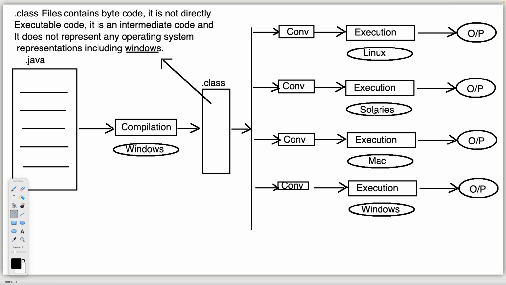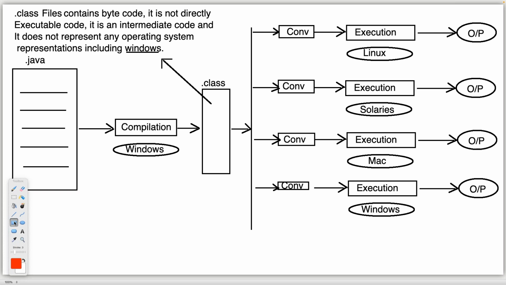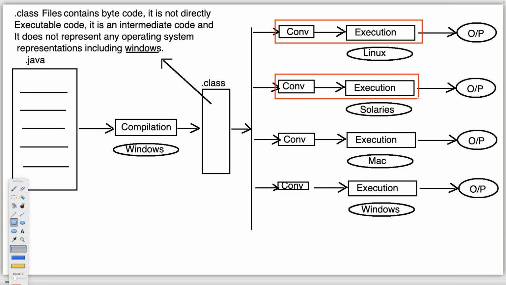Everybody understand my point here now? All right, sir. Now observe carefully how Sun Microsystems has provided these converters. Sun Microsystems has provided all these converters along with the execution only.